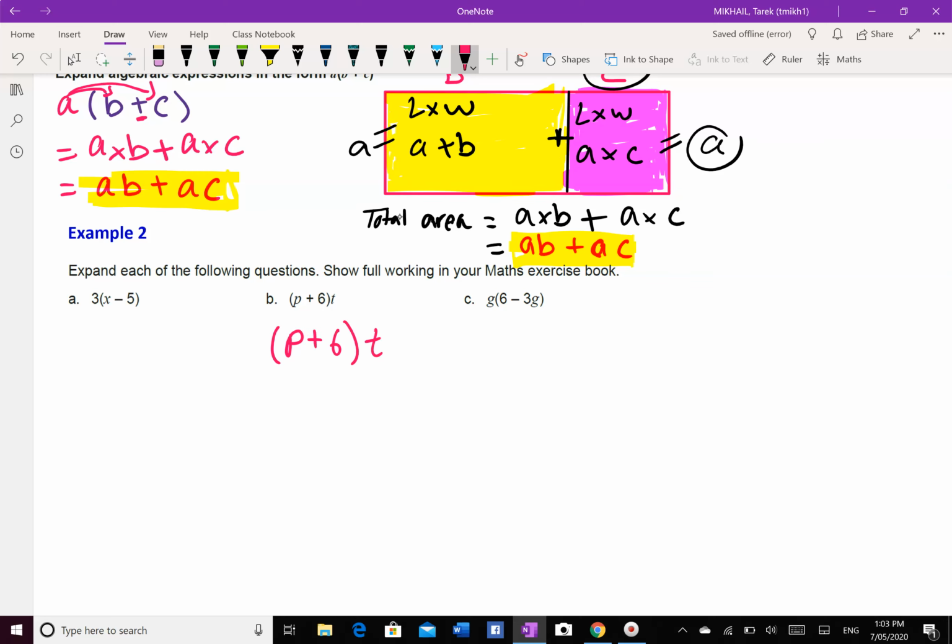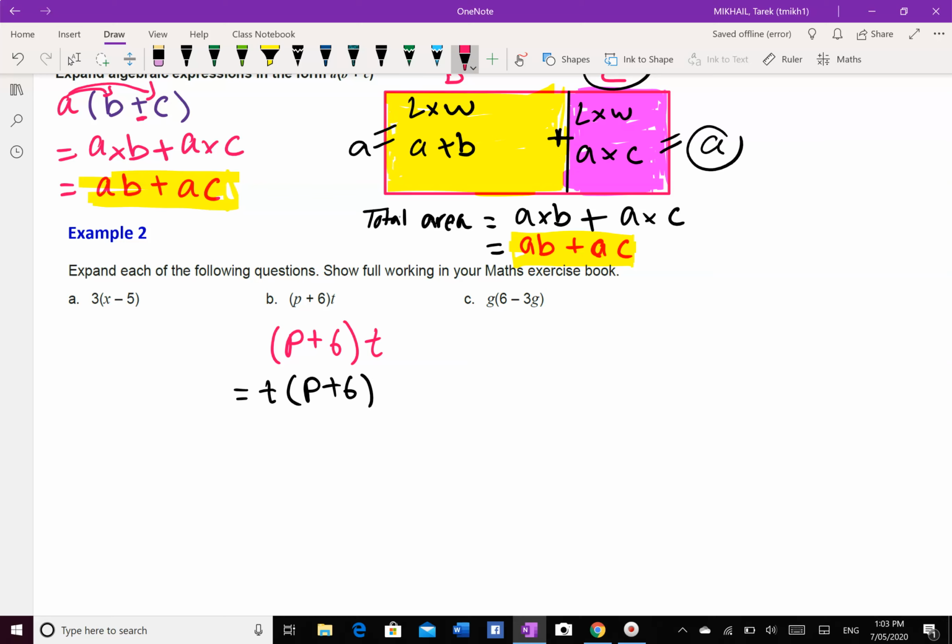See this t on the other side of the bracket? It's exactly the same thing. It is no different. I can write it that way, t times p plus 6 is the same thing.